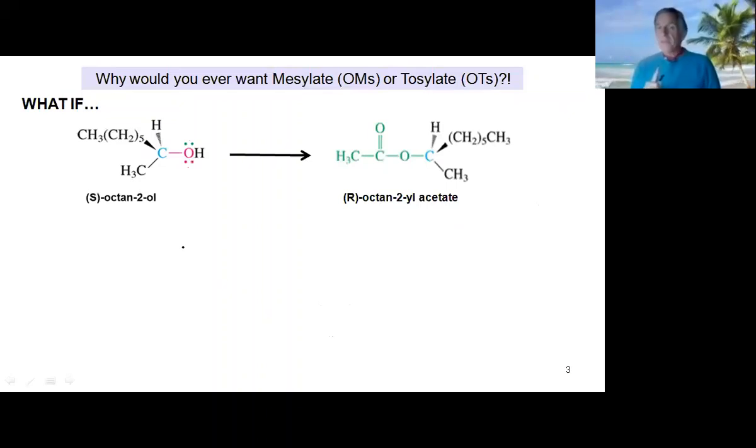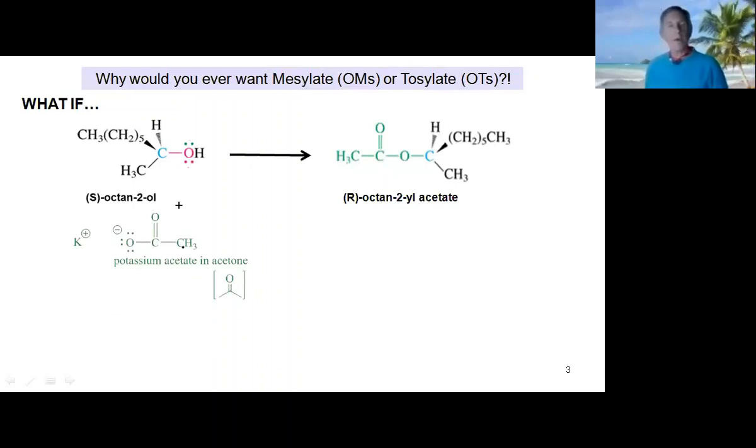What if I want to start with this alcohol? And this is a chiral alcohol. And I want to do an SN2 reaction on this alcohol to create this ester. And this ester, you can see, has gone through inversion from a backside attack. So for a nucleophile, I guess I would need the negatively charged form of this ester.